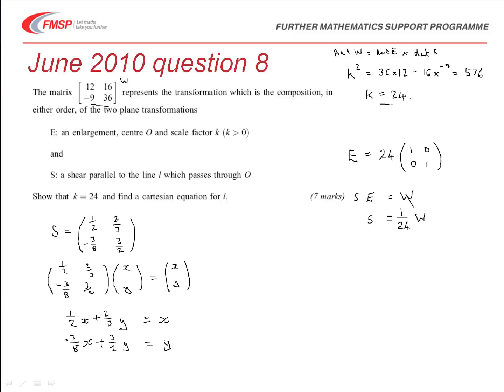So simplifying the first one, if we take the half x from both sides, we get the fact that 2/3 of y equals a half of x, and on the second one, if we take the 3/2 y, we're going to get 3/8 y equals a half of y.